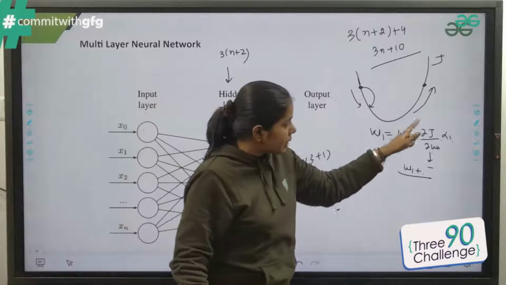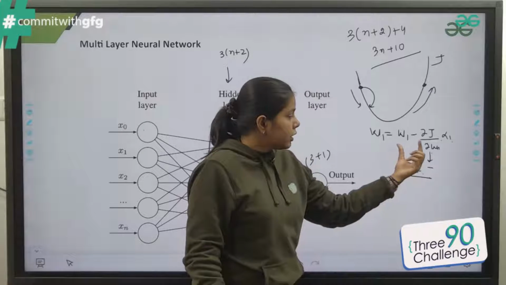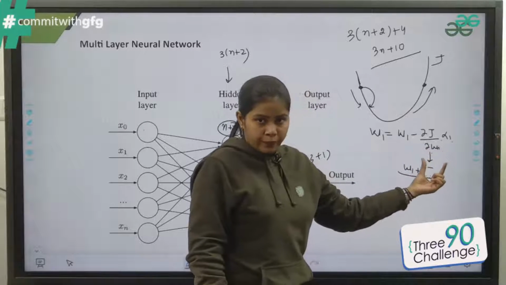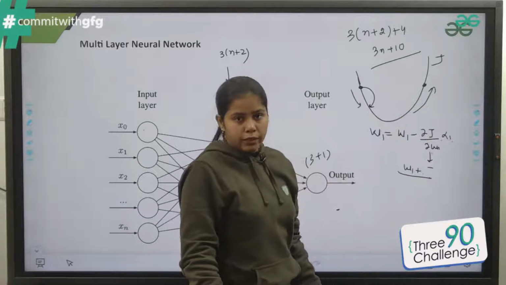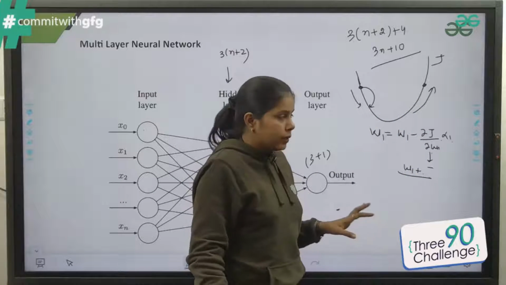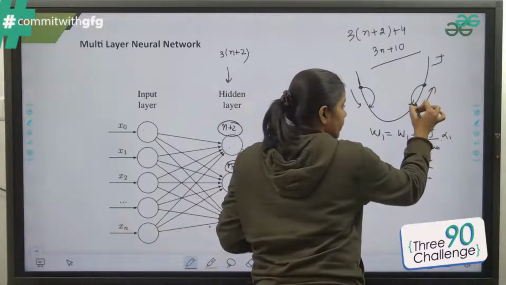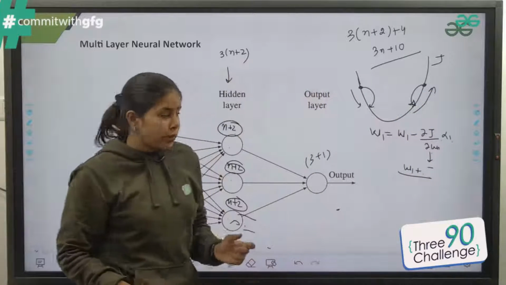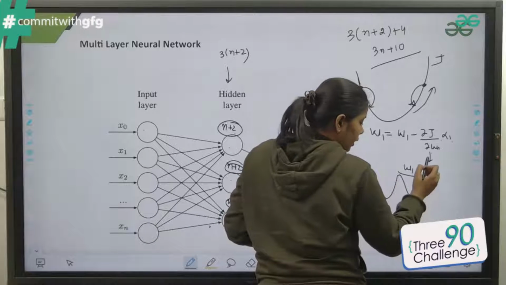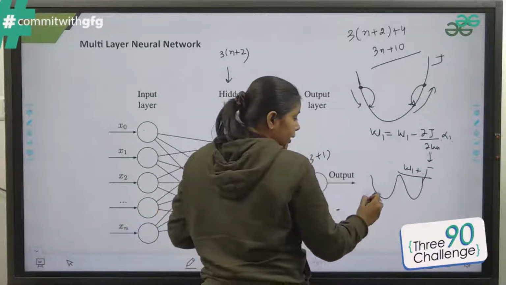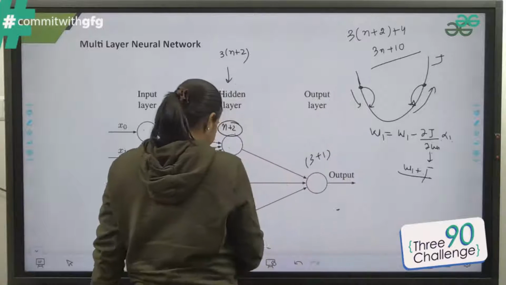So this value becomes positive, and we are moving w1 to the left. That's how gradient descent works. If it is here, it would move something like here. But yeah, the problem is if we get a saddle point or a local minima, then it would create a problem.